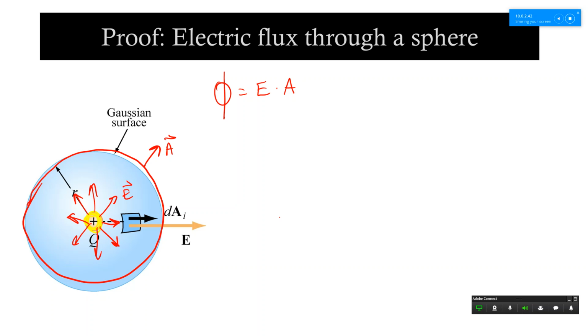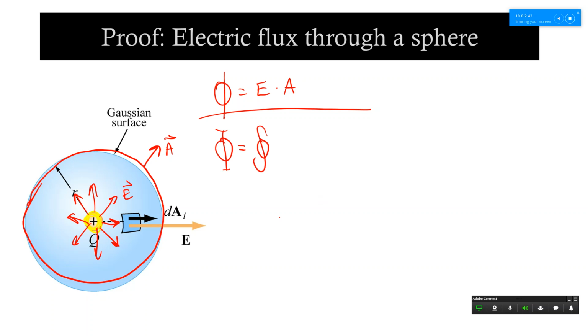And again, I want to remind you that we chose to pick that surface, all right? And if we were to look at it differently, we're going to end up with the same result. I'm going to look at this a little bit differently. Let's take this small area here, dA, all right? I'm going to add them all up to get the total flux. So I'm going to get total flux by doing something called a surface integral, all right?